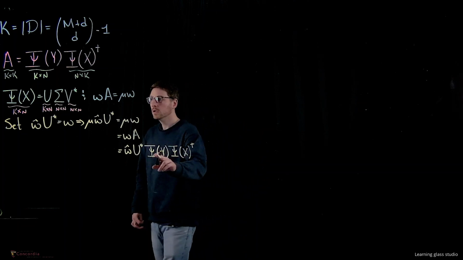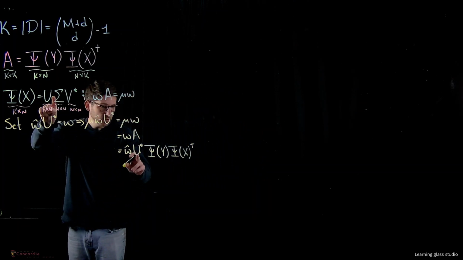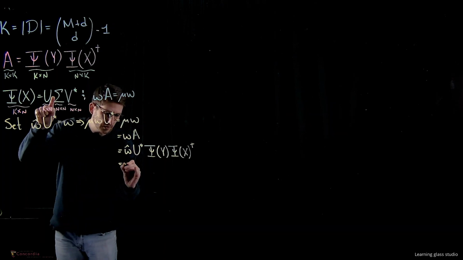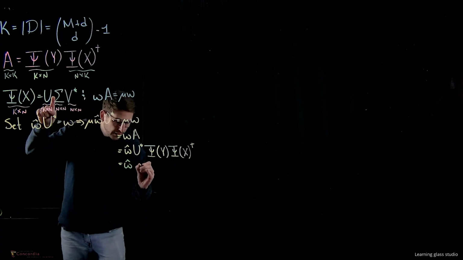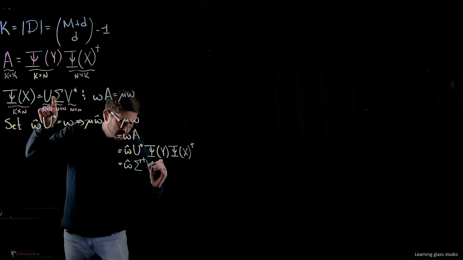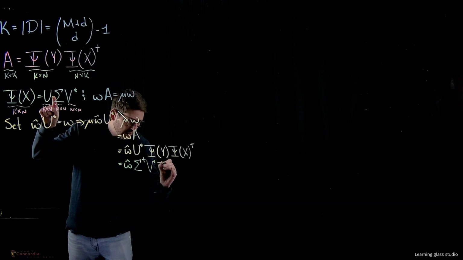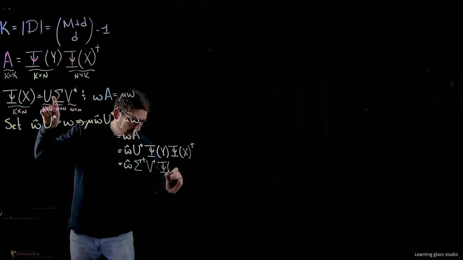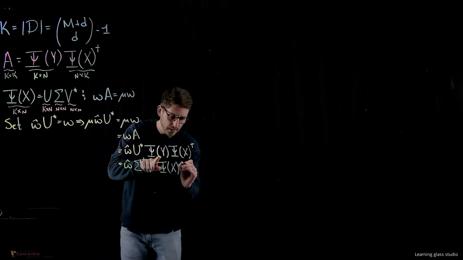Now, I can isolate this expression for u star. So here's what I would get: w hat, and then I get sigma pseudo-inverse v star psi of x, and then I still have a psi of y in here.